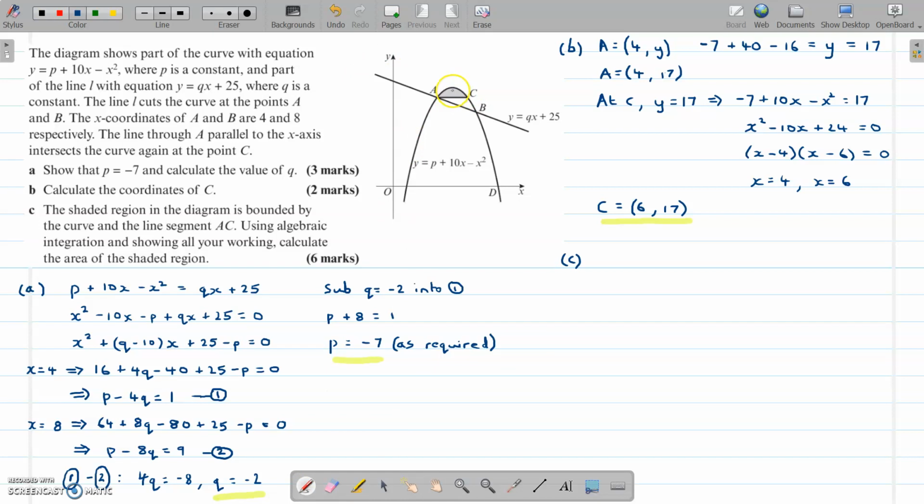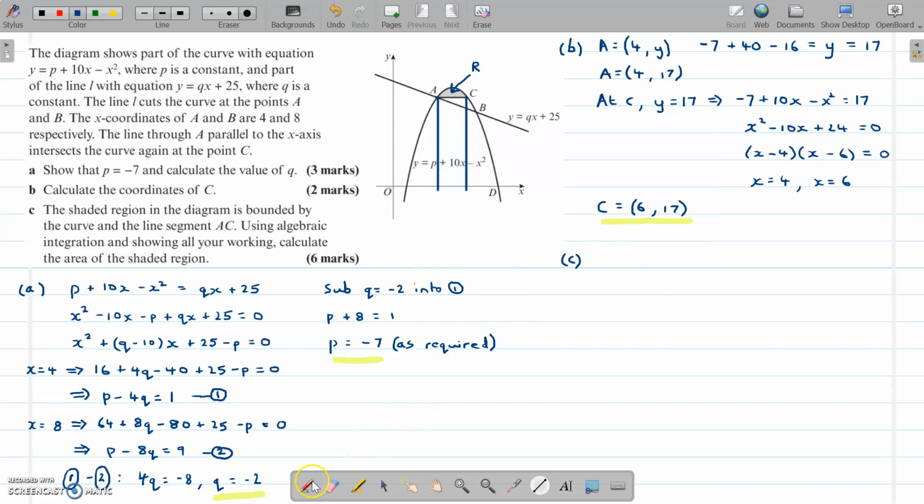I'm just going to call that area R. The area R is going to be the integral between 4 and 6 of the curve minus the rectangle sitting directly beneath it. If I draw the rectangle on, you can safely say, without much working out, that it has an area of 2 times 17, which is 34.